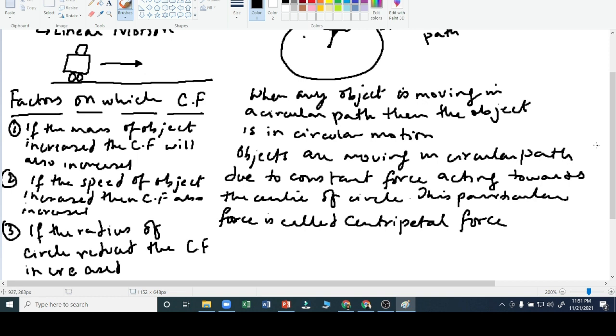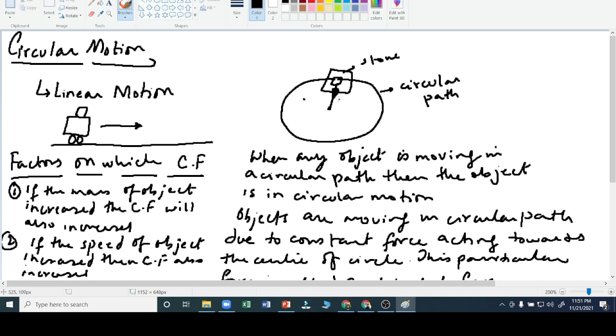If I have this stone tied with a string and I reduce the radius, here we have a larger radius, and in this diagram I have reduced the radius of the circle.